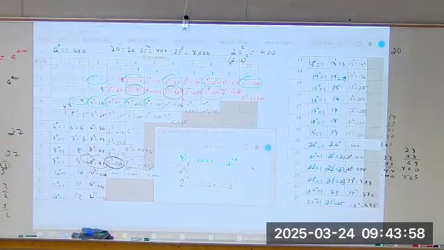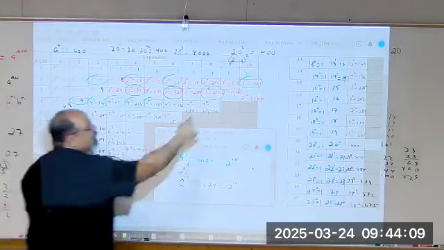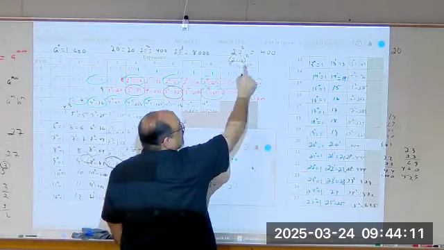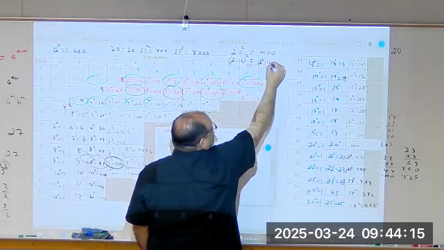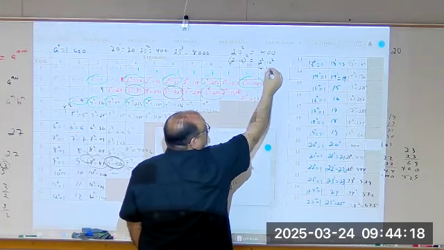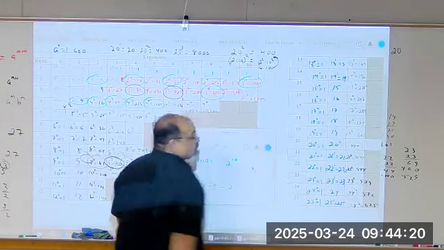A times B to the M is A to the M times B to the M. If I have a product to a power, each factor gets that exponent. So I factor 20 into 2 times 10. So that's 2 squared times 10 squared. 4 times 100 is how we get that 400.